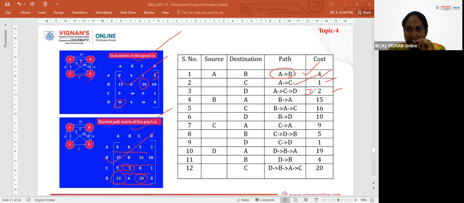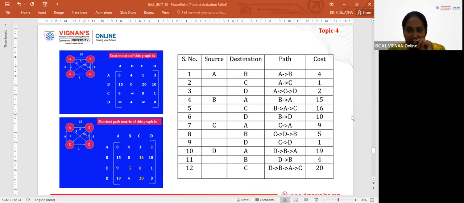Whichever is smaller, if 2 is smaller, the shortest path is A to C, C to D, not A to D. In the same way, B to A, B to C, B to D; C to A, C to B, C to D; D to A, D to B, and D to C. Like that, I go for finding all the shortest paths and their costs.